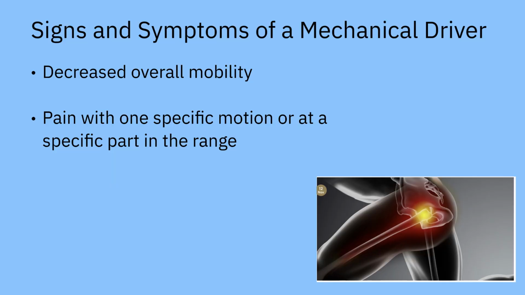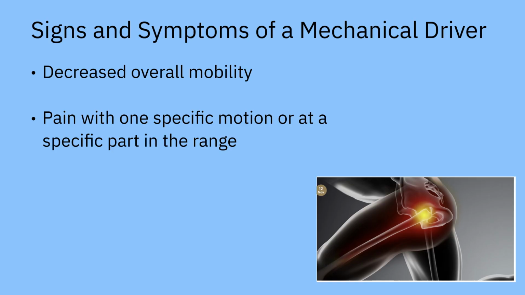So the signs and symptoms of a mechanical driver is really what you would think of when you think of tightness or tension in the system. You might have decreased overall mobility, or sometimes it presents with pain in one specific motion or at a part of a range of motion.